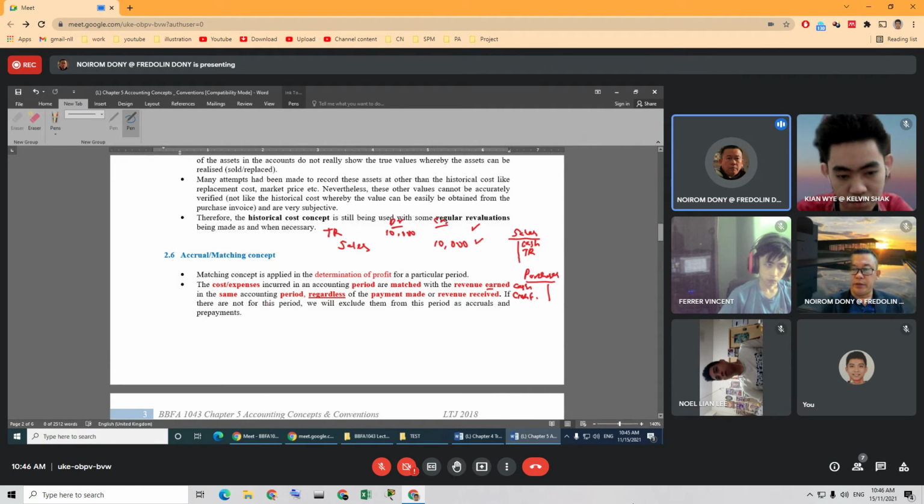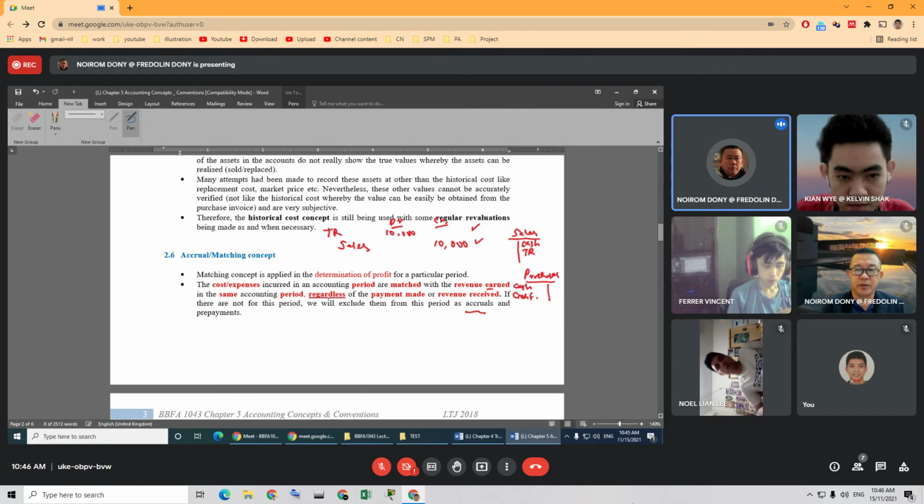Incurred in the accounting period is matched with revenue earned in the same accounting period, regardless of the payment made or revenue received. If it is not for this period, we will exclude it from this period as accrual and prepayment.